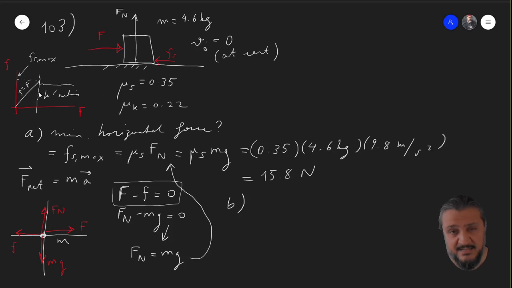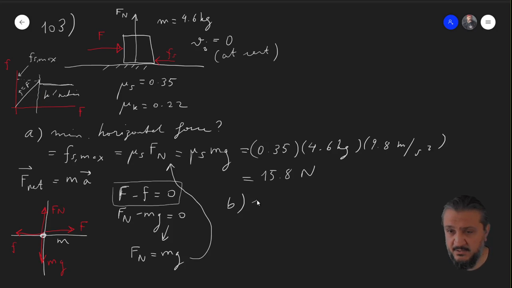Because if you look at the figure carefully, this horizontal line here represents the kinetic friction force. And that is a little bit less than the maximum static friction force, okay?